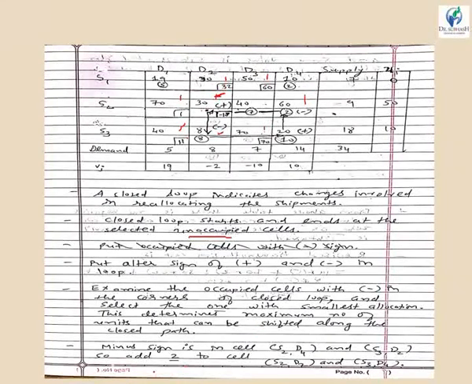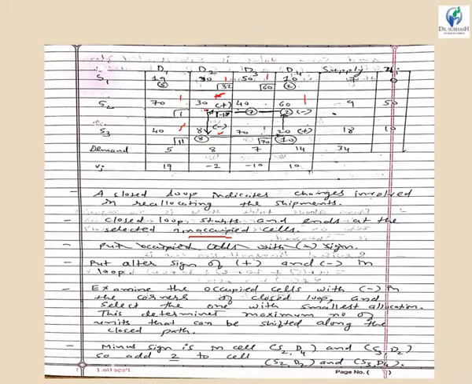We will see what is done. Now the minus sign is in the cell S2 D4, that is this, and S3 D2. So add 2 to the cell. So now in the loop you can see this cell has a plus sign and this cell has a plus sign. So this value 2 will be added there, and this 2 will be subtracted from the cells with minus sign. So add 2 to the cell S2 D2.